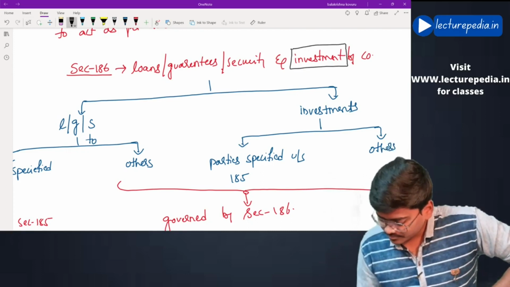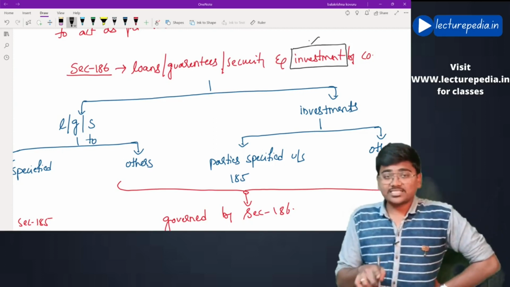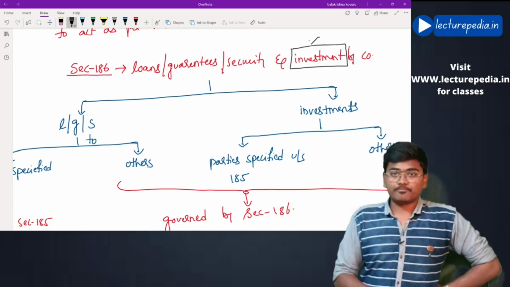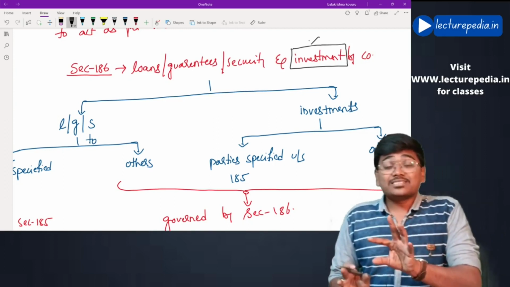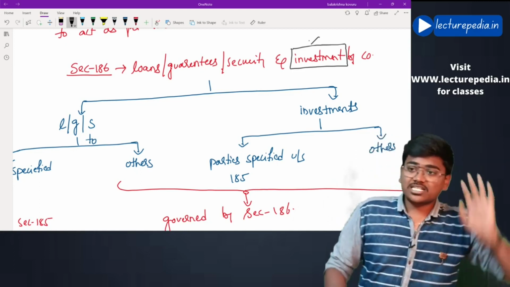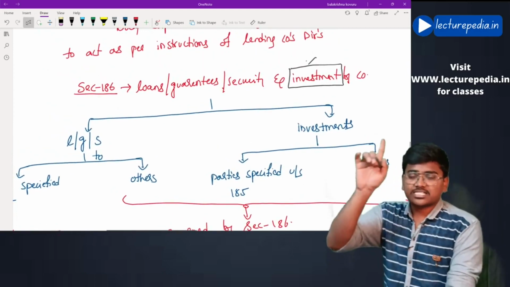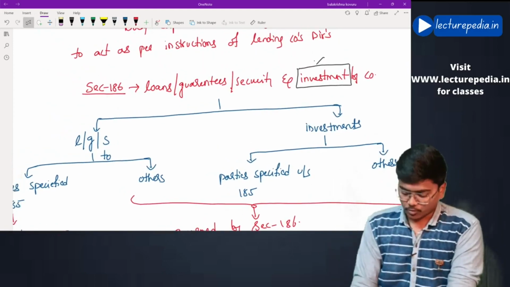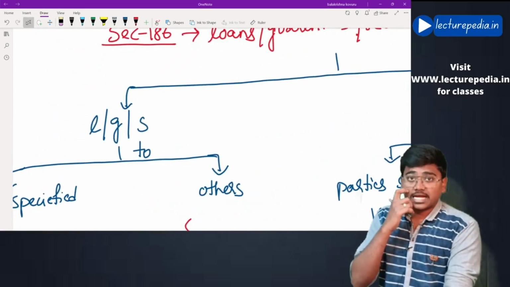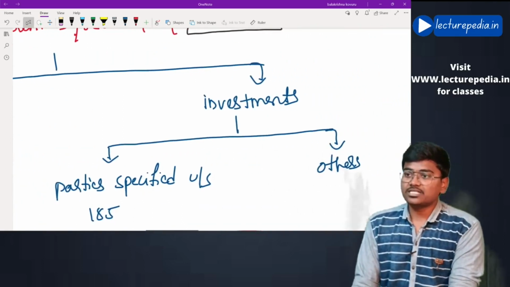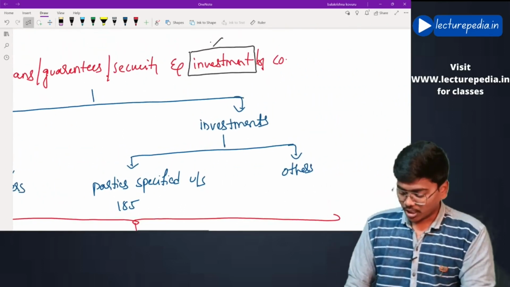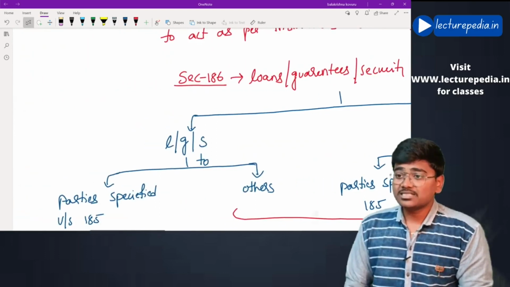Okay, section number 186 also deals with investments to persons other than those specified in section number 185. Let us see. See, first of all, we can divide this section number 186 into two parts. One is loans, guarantees, securities. Another one is investments.